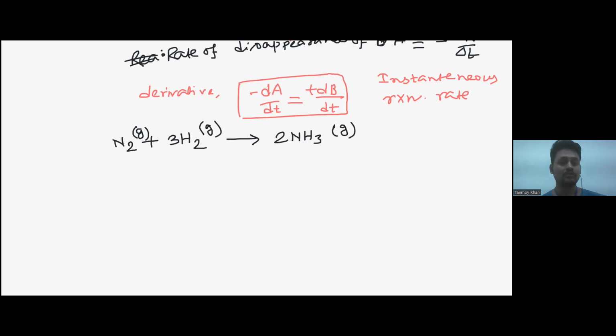So whenever all the species of a reaction are in the same phase, we call the reaction homogeneous.